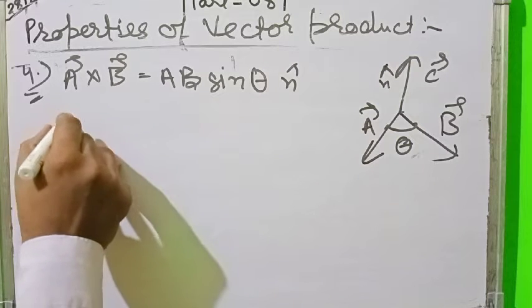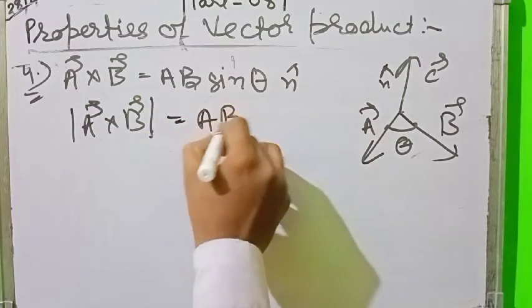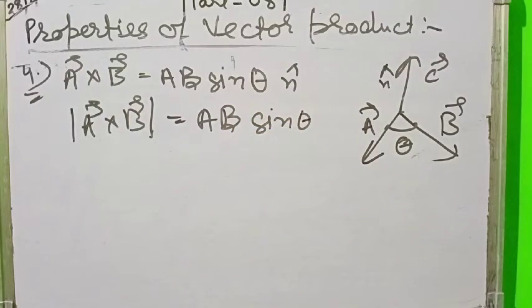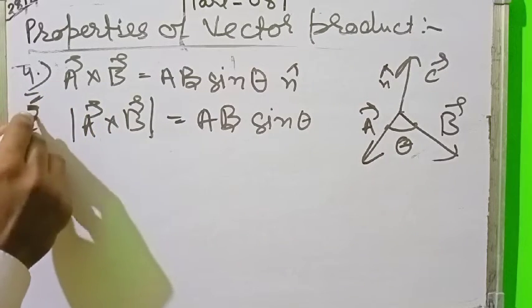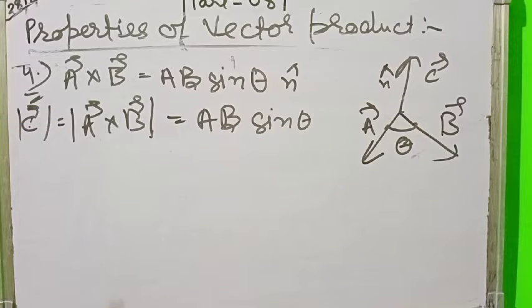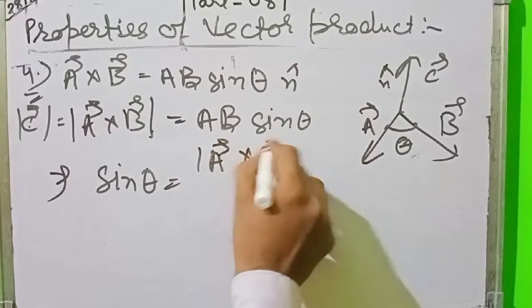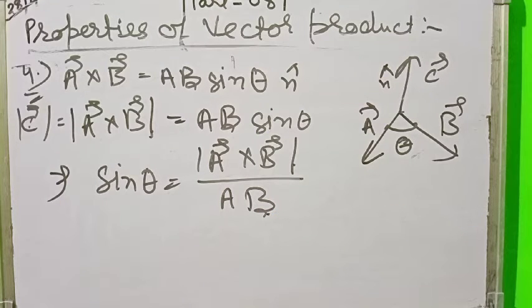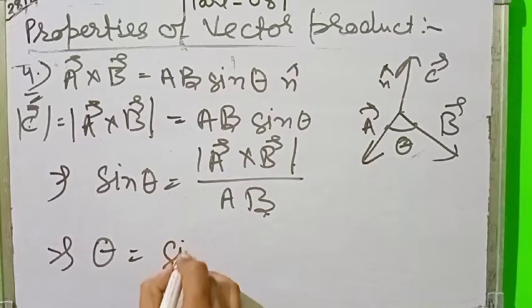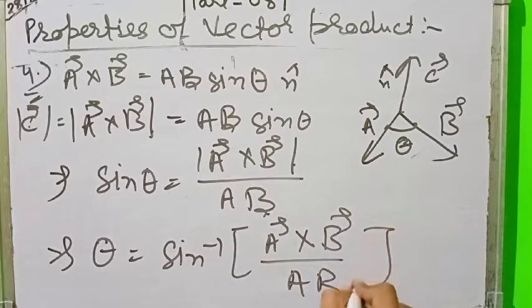The magnitude of the C vector is AB sin theta, so sin theta equals magnitude of C upon AB, or theta equals sine inverse of the magnitude of A cross B upon AB. This is the angle between these two vectors.